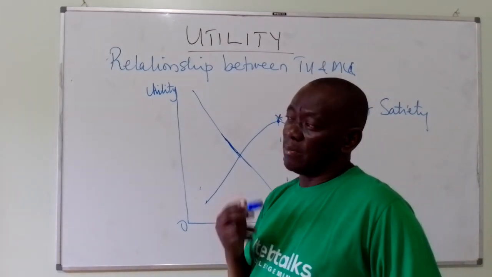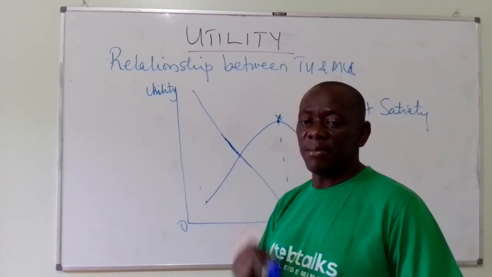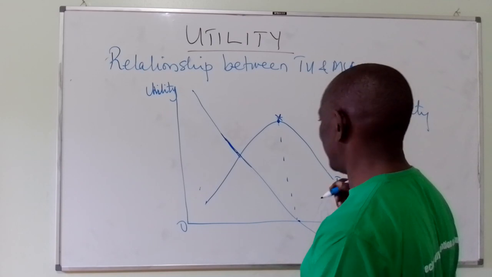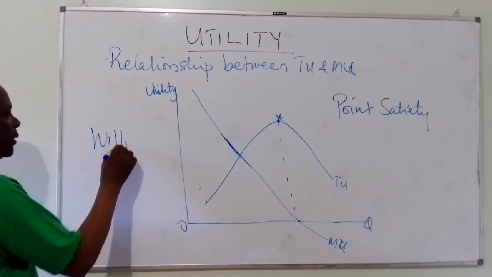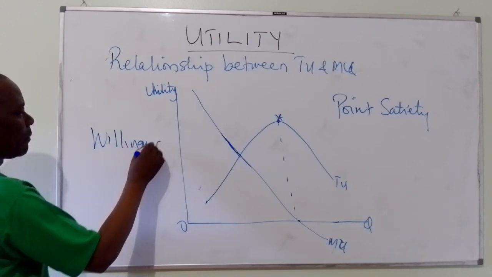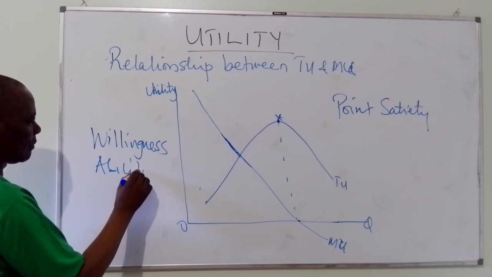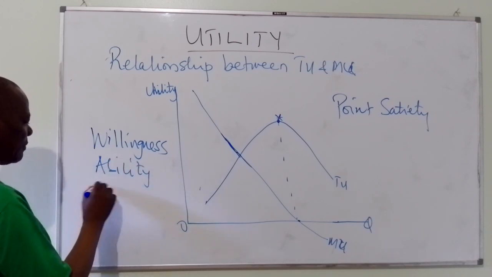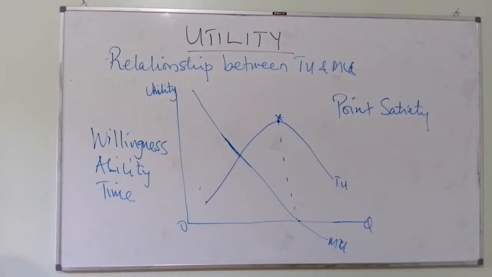When we are looking at demand, at the beginning we said the most important words in demand are utility, willingness, ability, time. These are very important in demand.